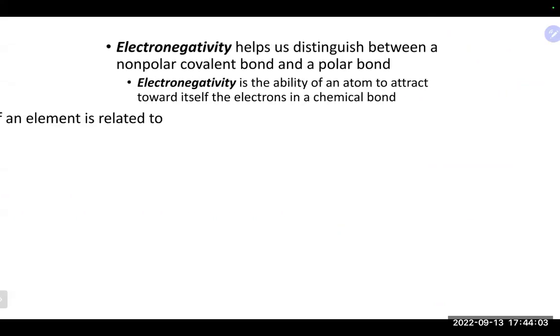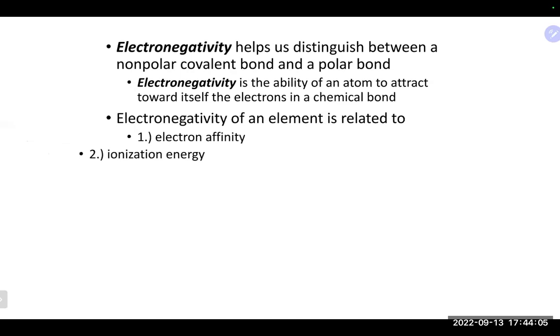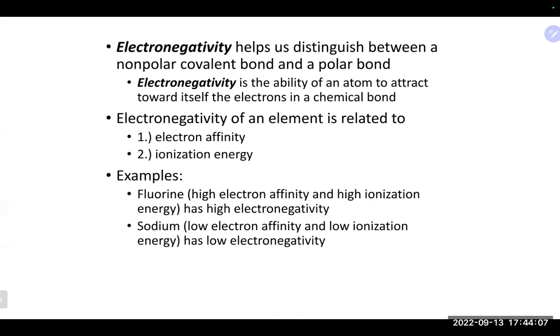What helps us decide how the electrons will be shared or maybe not be shared is electronegativity. Once again, electronegativity is the ability of an atom to bring electrons towards itself. It increases as you go up and to the right on the periodic table, with fluorine being the most electronegative element, and decreases left and down on the periodic table, as we talked about. It is related to electron affinity and ionization energy.